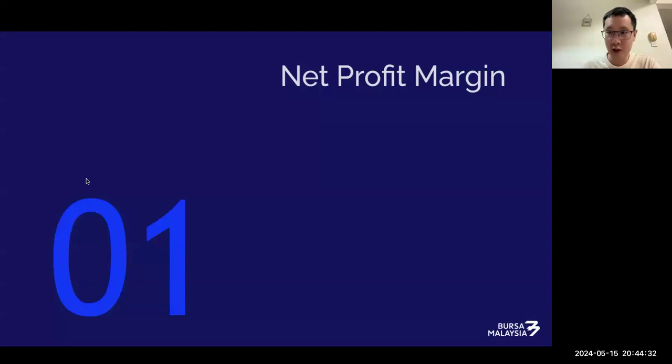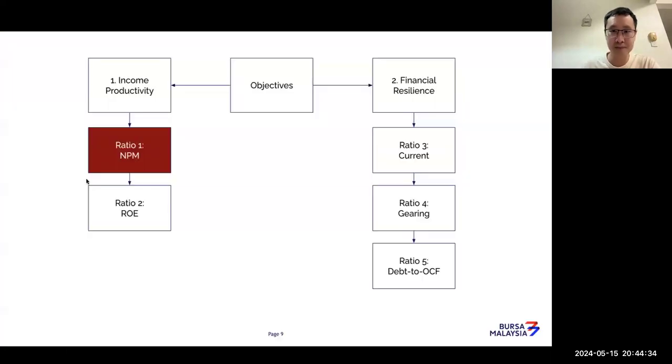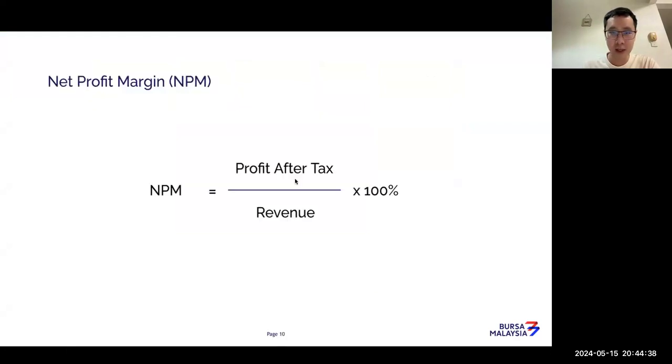So the first one we're going to look at is net profit margin. Net profit margin is actually very simple. The formula is shown on the screen. Here's how you can calculate the net profit margin. You take the stock's or the business's profit after tax, divide it by revenue, and multiply by 100%.